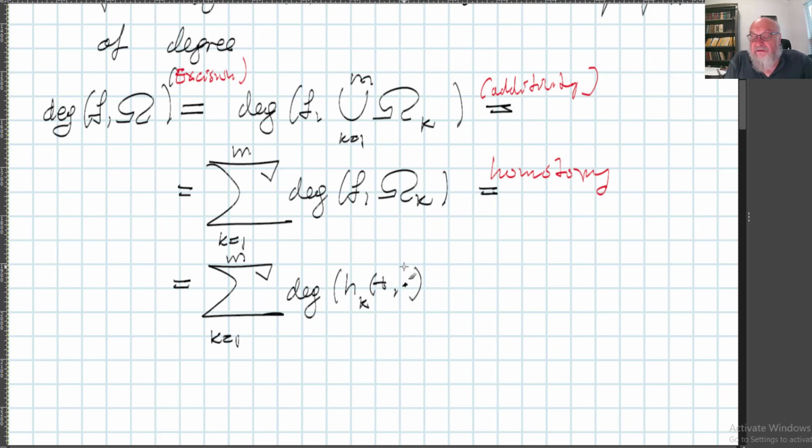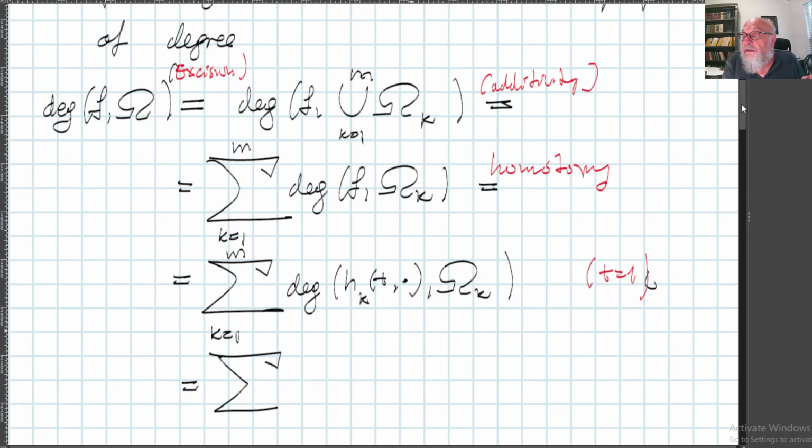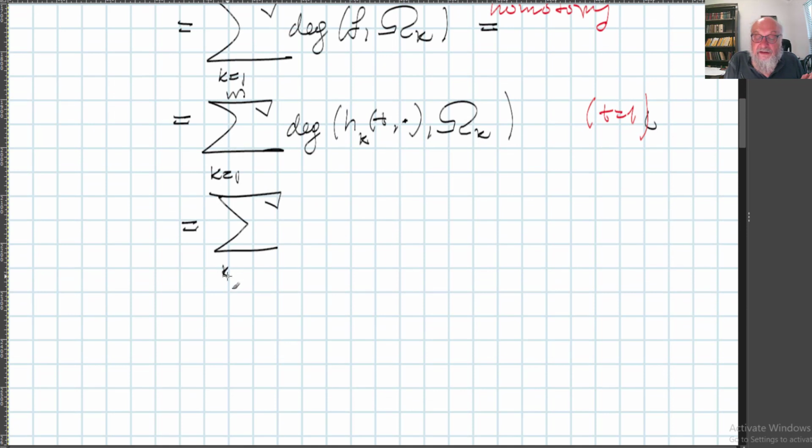So that will be like this, and again, what we are interested in is, for the k, t is equal to 1, so for t equals 1, we are getting here that this is sigma, and that one is k is equal to 1 to n, and this is the degree.